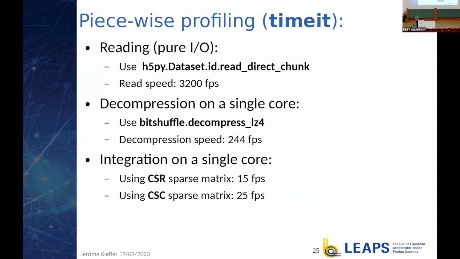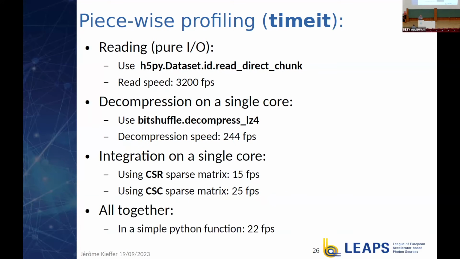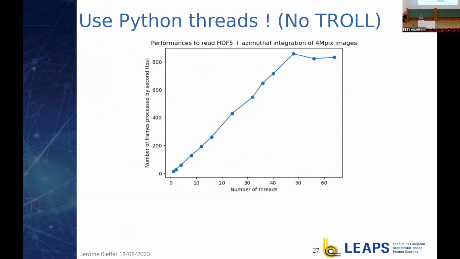But if we transpose the sparse matrix into a CSC matrix, we have a better memory layout, and we reach 20 frames per second. If we put everything together in a simple pipeline, read, decompress, process, we get 22 frames per second. So we don't lose a lot. We are on the order of speed of the slowest part of the pipeline.